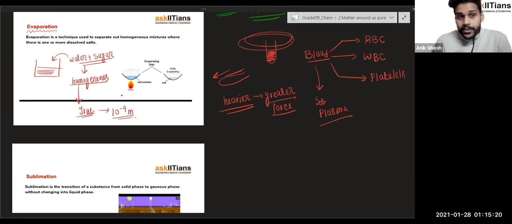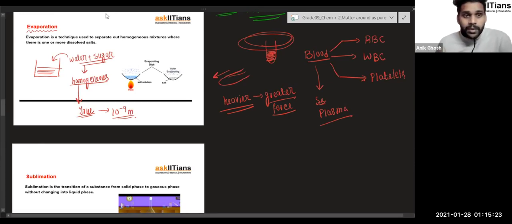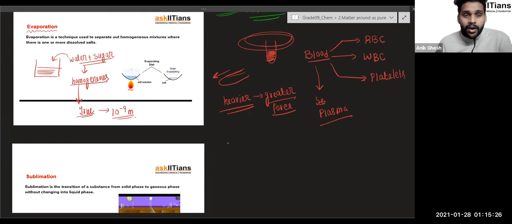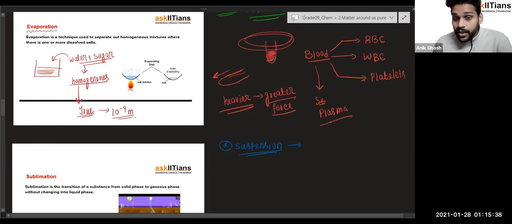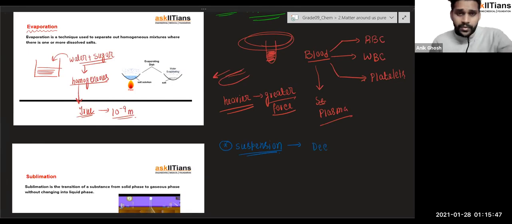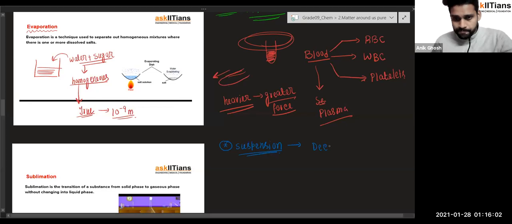One by one. In the first place, we just learned how to separate out a suspension type solution. The process we use to separate out suspension is sedimentation or decantation, you can say any one of them.